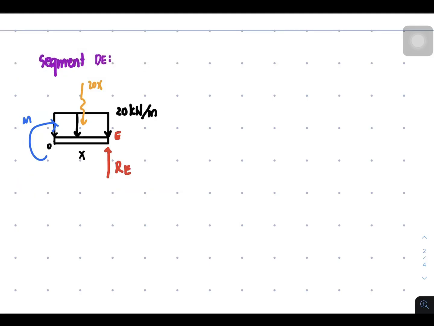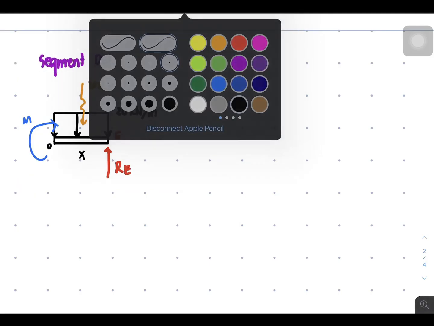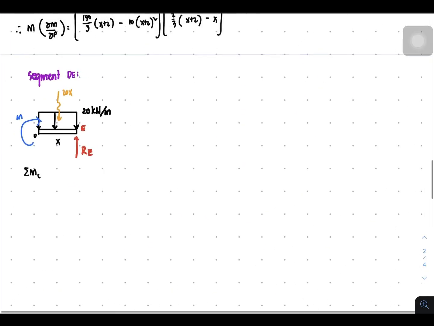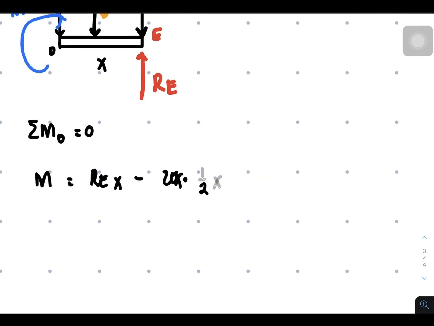So with that, we can now create the moment equation by having summation of moment at the point of cutting equal to 0. You will have m equal to RE times x minus 20 times 1/2 of x. So I'll just rewrite this.